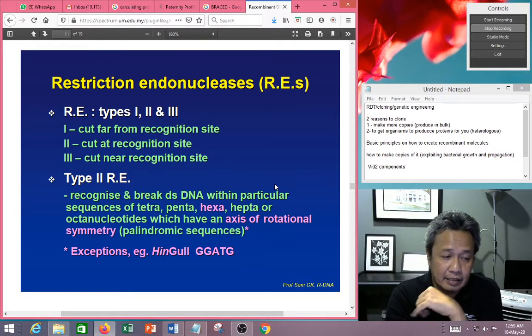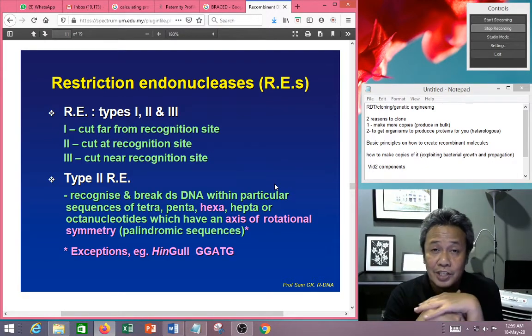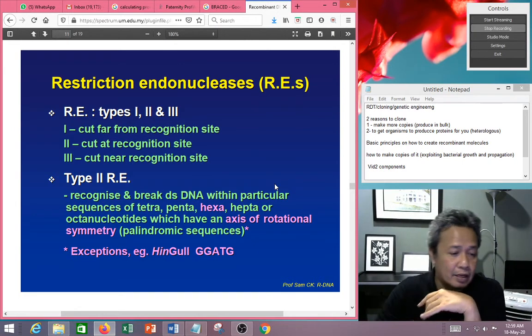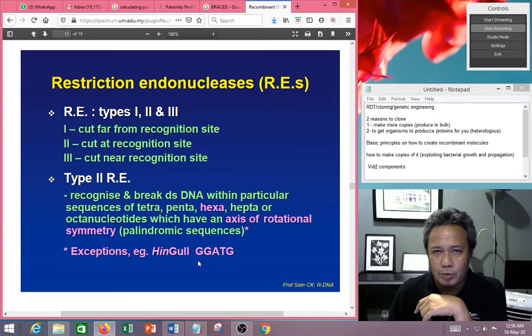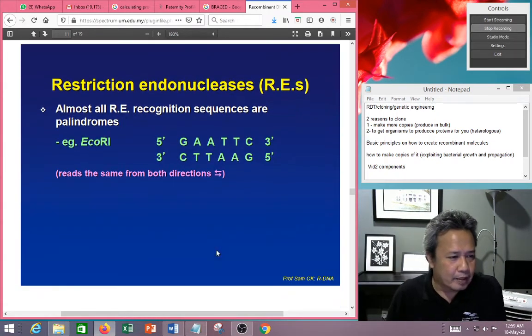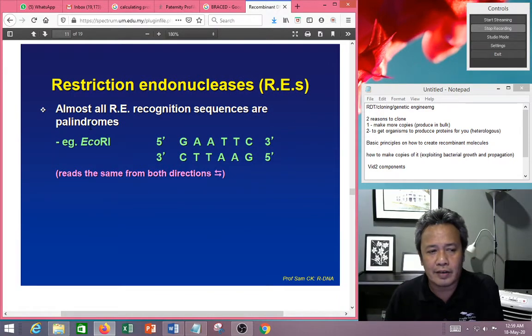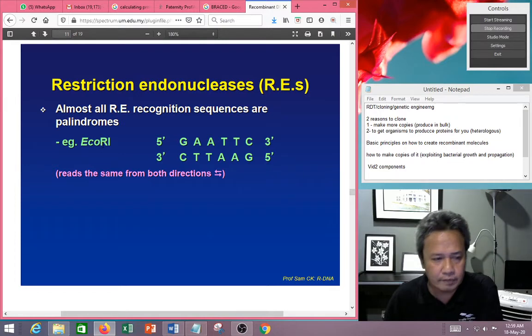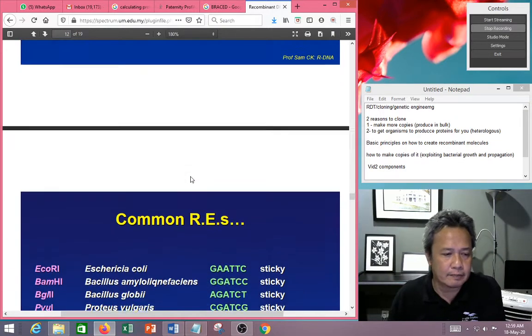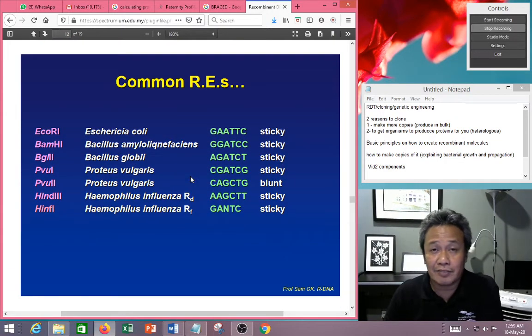And then it says here, which has an axis of rotational symmetry, the palindromes. Of course, there are exceptions. That means there are sequences that are not palindromes that are also restriction sites, but never mind, we will not worry about that. Almost all RE recognition sites are palindromes. GAATTC reads the same from both sides. These are different types of restriction enzyme.